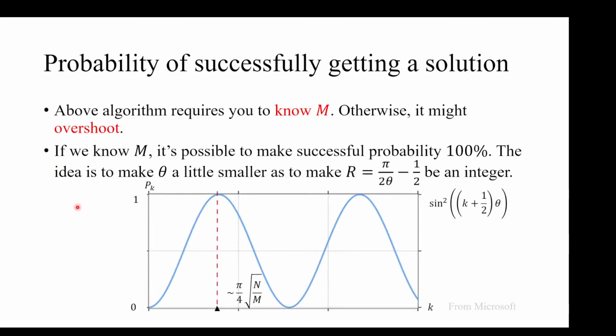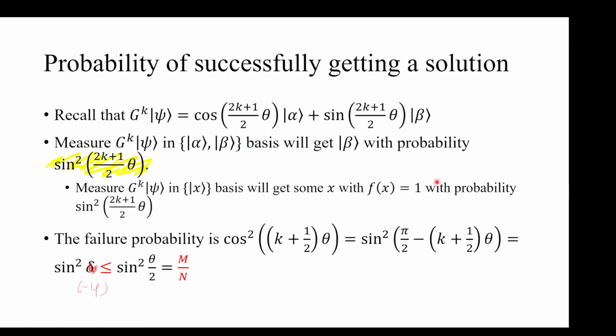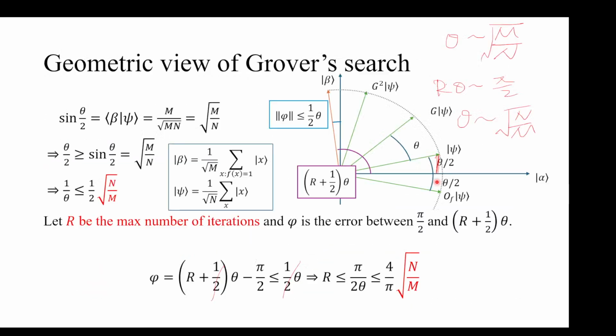But if you want a zero-error algorithm, so you want the success probability to be 100%, then actually you can make theta a little smaller. You kind of stretch out this success probability graph a little bit, and you can make the optimal rotation count, pi over 2 divided by theta minus 1/2, be an integer.